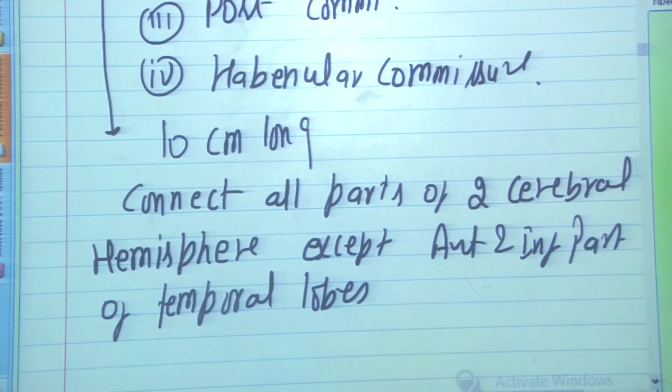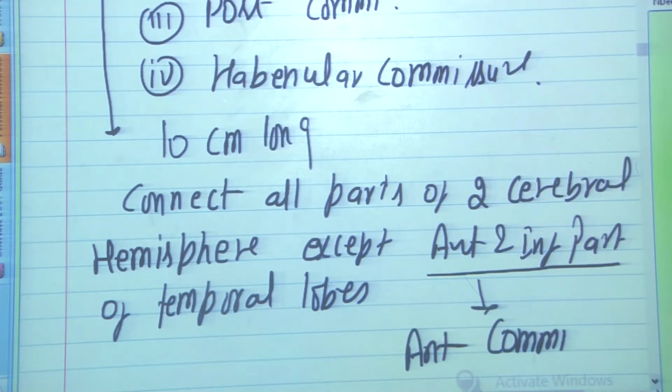These two parts which are not connected by corpus callosum are connected by anterior commissure.